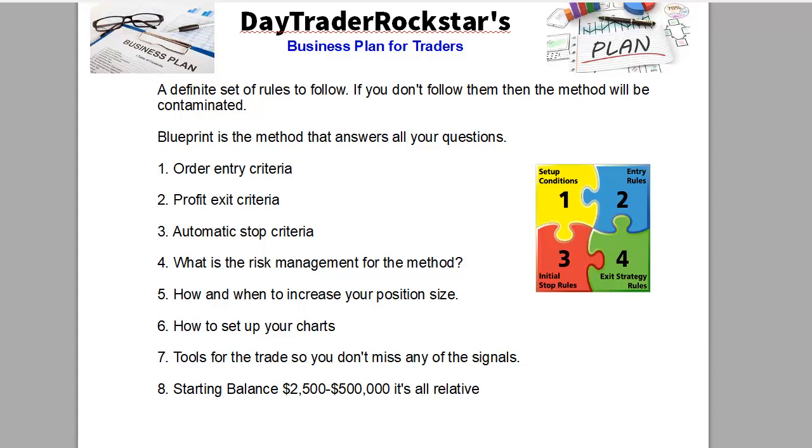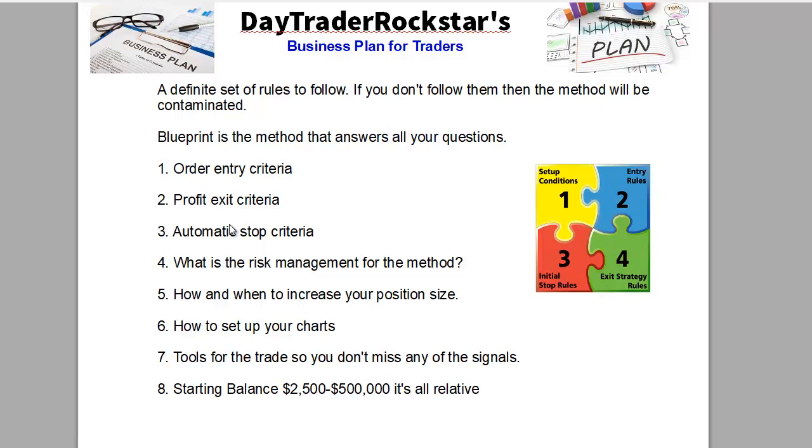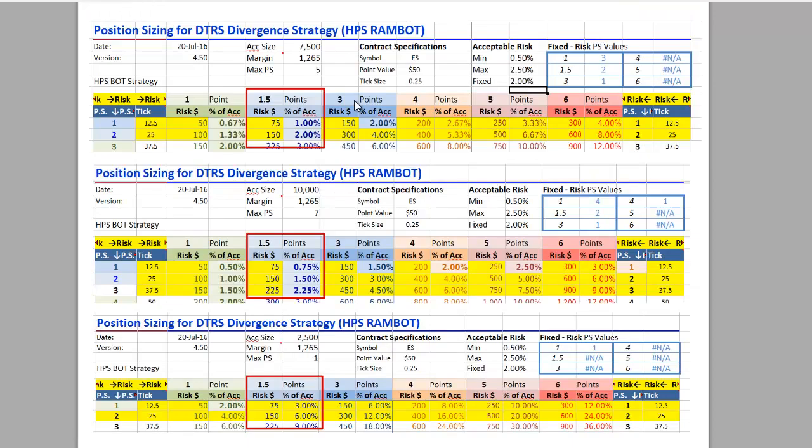So that's what my business plan looks like. Everything is defined on this section. When we talk about order entry, we have that. I have all that down. I have the profit exit criteria, automatic stop, risk management. We talked about the different.